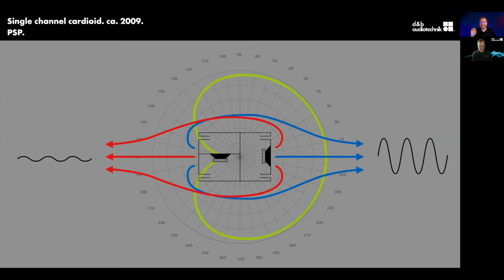So we actually get a little bit of addition out of the cancellation. Generally, it's about 12 dB or more rejection to the rear of the cabinet, and we probably get 1 dB of addition to the front of it. And this is, again, using a single amplifier channel.